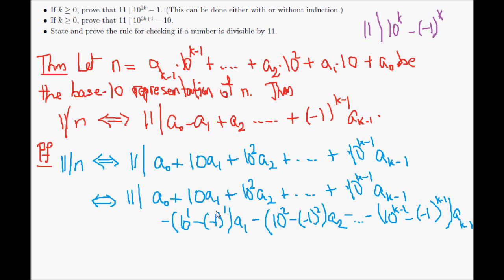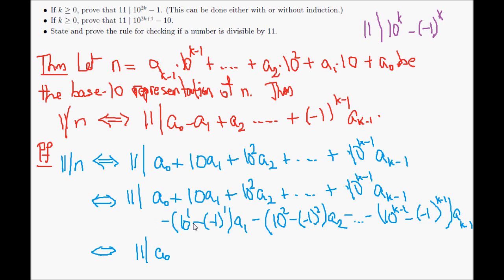Okay, so I know that all of these terms here are multiples of 11, and so if this thing that I'm circling is a multiple of 11, then if I subtract off all of these multiples of 11, this big thing must also still be a multiple of 11, and vice versa. So when I do the subtraction, a sub 0 is by itself. Here I have 10a sub 1 minus 10a sub 1, those cancel.